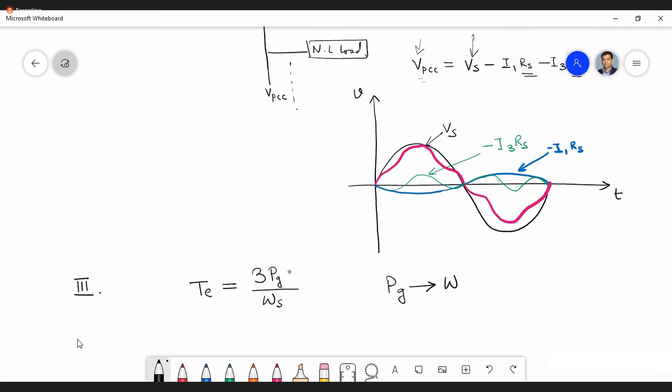Now for the same rating, for the same input current and voltage, if we want to have the active power or the average power, what will be the case with a line current having a non-sinusoidal or harmonic component?